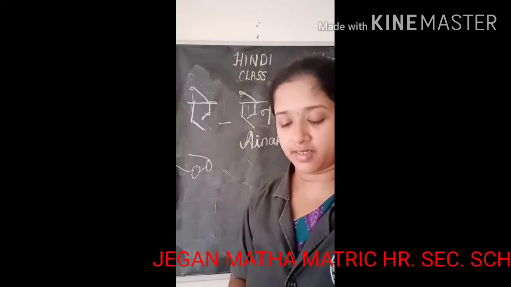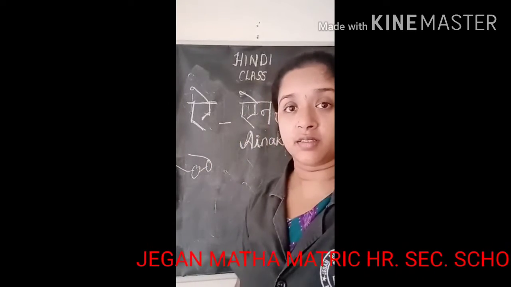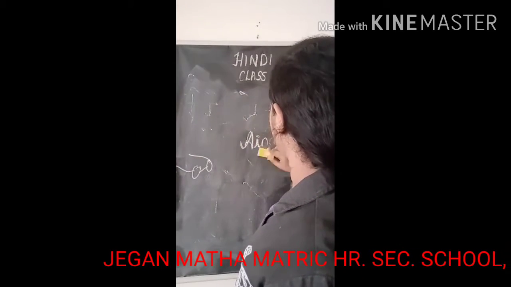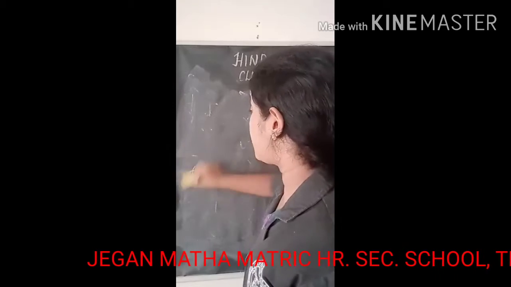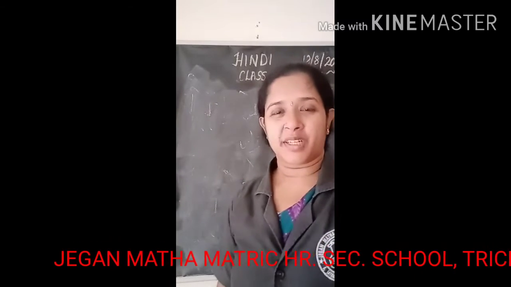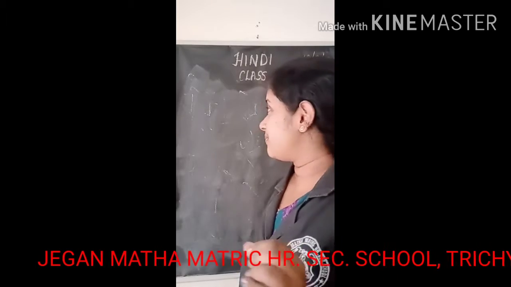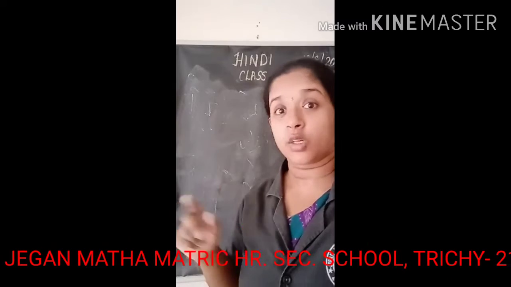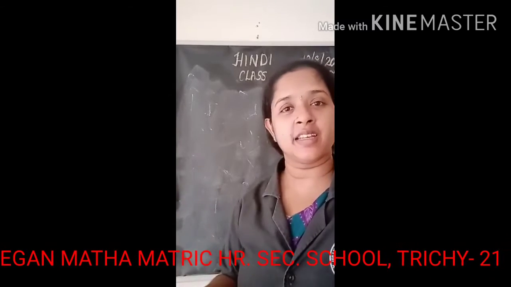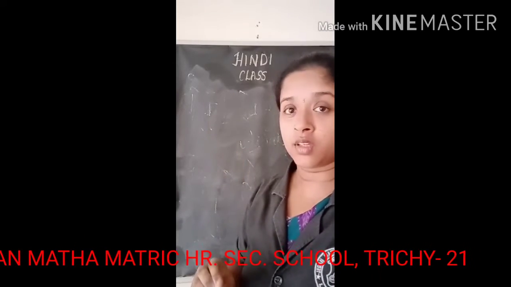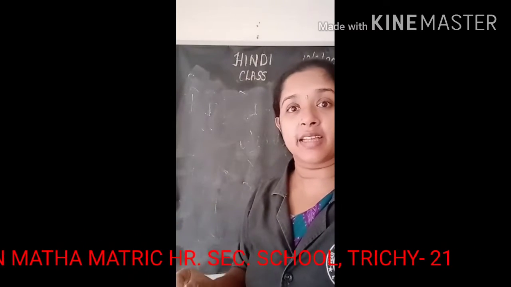Now let's see the second swar O. It is also very easy to write the swar O, and it will be just similar to I. Let's see what makes the similarity. The swar O looks similar to A only.